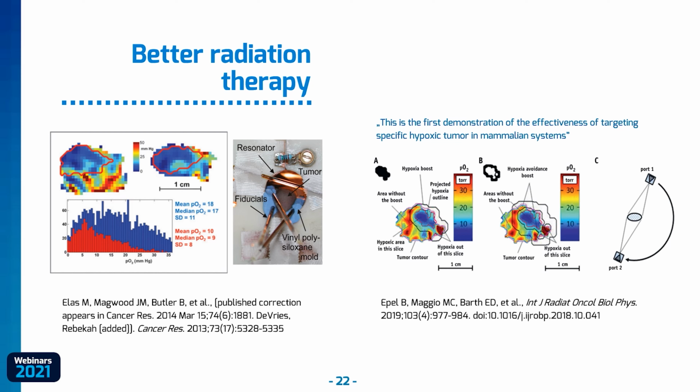At the right, the article presents the experimental demonstration that EPR oxygen image guided radiation therapy increased tumor control with hypoxic boost doses relative to well-oxygenated tumor boosts of roughly the same volume in mouse fibrosarcoma models. This was the first demonstration of the effectiveness of targeting specific hypoxic tumor regions in mammalian systems.